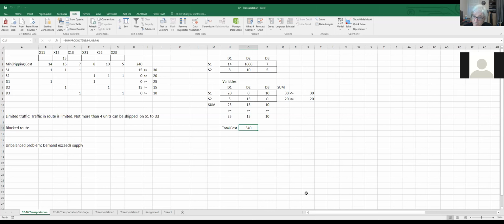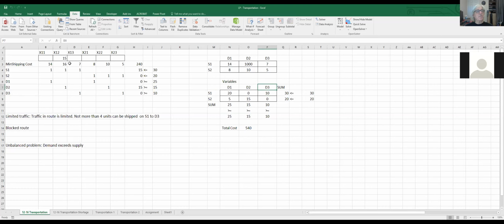So I'll take you back to what is not preferred, but very intuitive to do for us. Let's assume the transportation, okay, here you have 10 units. I don't want more than 4 units shipped from source 1 to destination 3 because there is limited traffic allowed on this route.